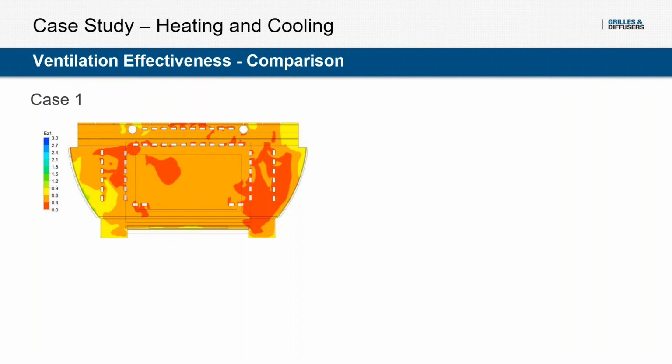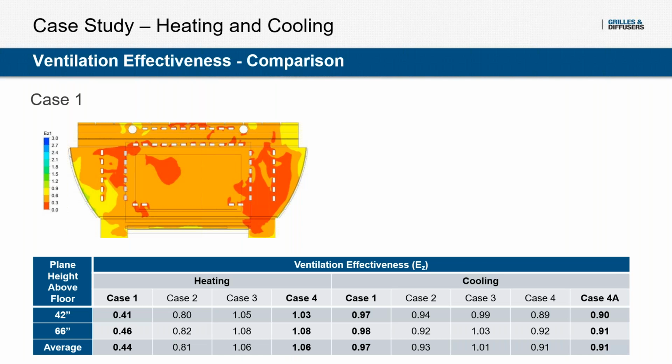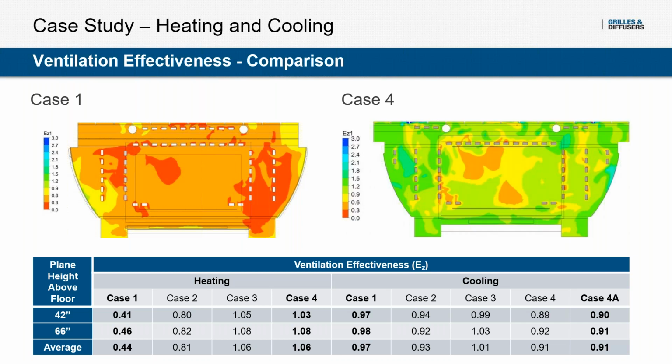But as we're seeing here, the ventilation effectiveness is more around 0.3 to 0.6. In fact, for the first case in heating, we were really not properly mixing the air. And this prompted us to make all of the changes to get to case 4, where we're getting a ventilation effectiveness of 1.06.